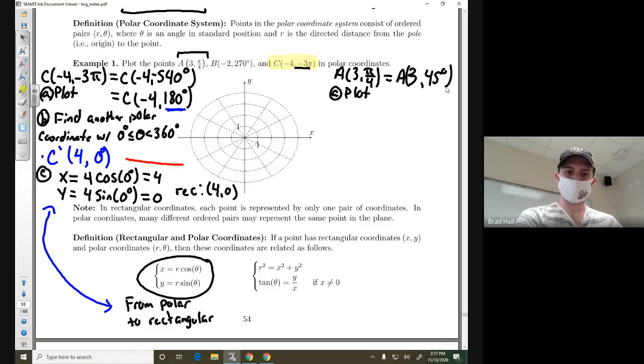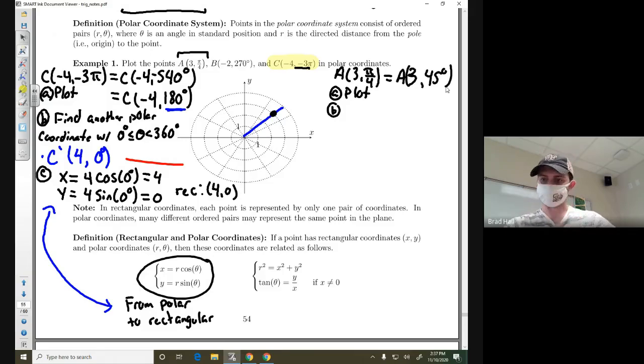One plot, which would tell us 45 degrees. It's right here, and the radius would tell us that we go out 1, 2, 3. Cool.